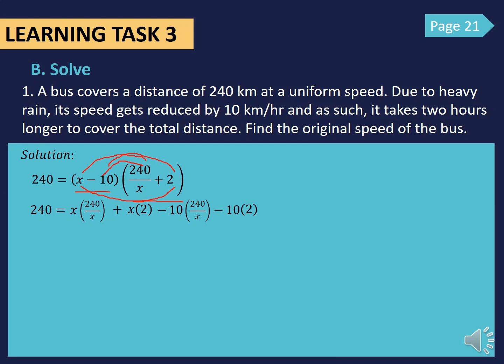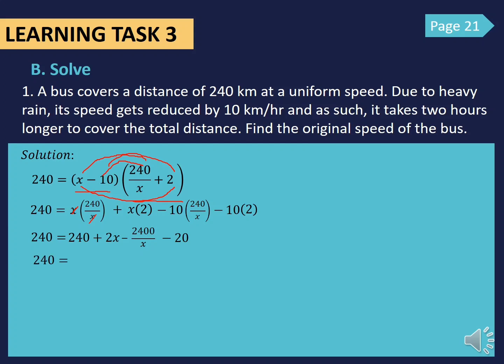Let's simplify natin. So, 240 is equal to x times 240 over x. Makakancel si x, so nangyari ay 240. Plus 2 times x, we have 2x. Minus 10 times 240, that is 2,400 over x. And 10 times 2, we have negative 20.